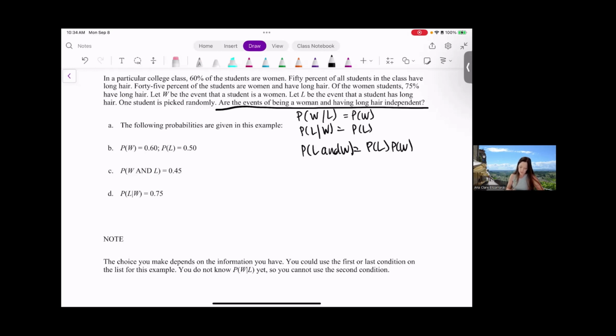The first one was that 60% of students are women, so probability of W is 0.6. 50% of all students have long hair, so probability of L is 0.5.